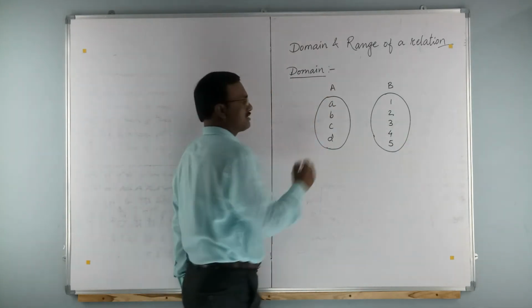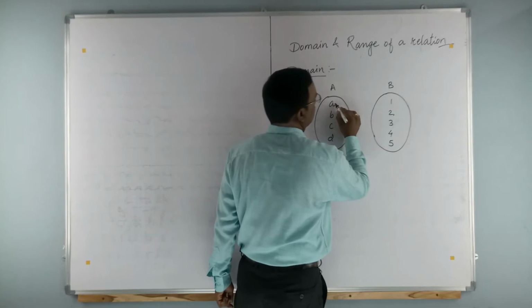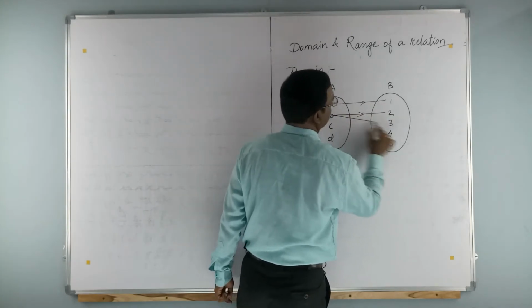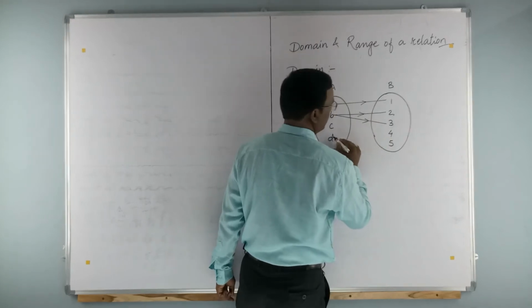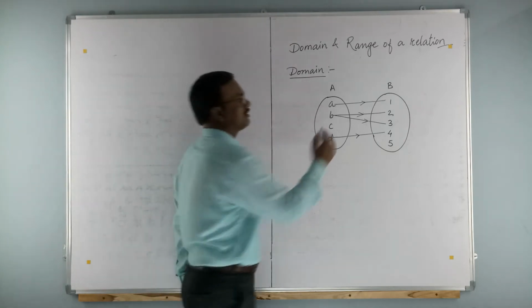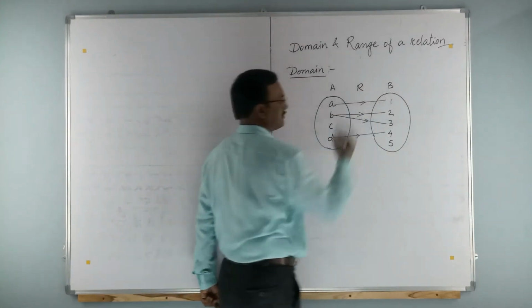Now in this case, suppose a is related to 1, b is related to 2, b is related to 3 and d is related to 4. If this is the situation, this is the kind of relation.